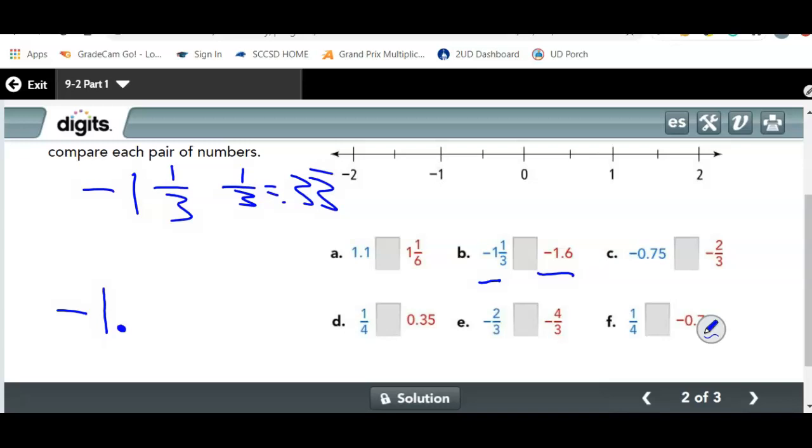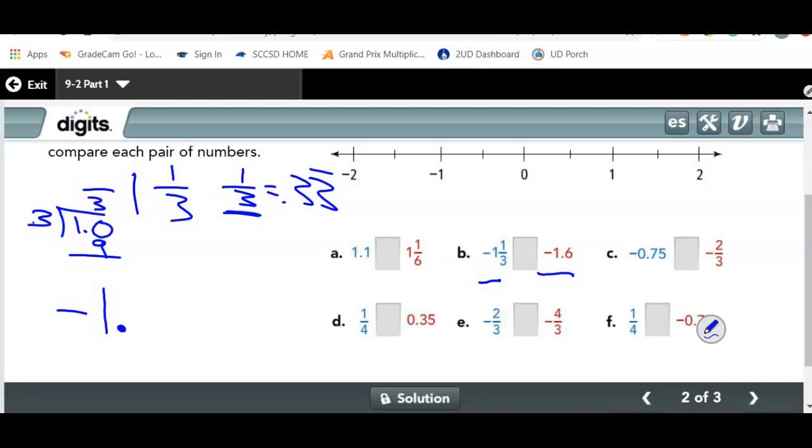John? We talked about this multiple times. Now, how do you change a fraction into a decimal? Valerie? Good. 1 divided by 3. 3 is not going into 1, so add a decimal point and a 0. 3 goes into 10 3 times.